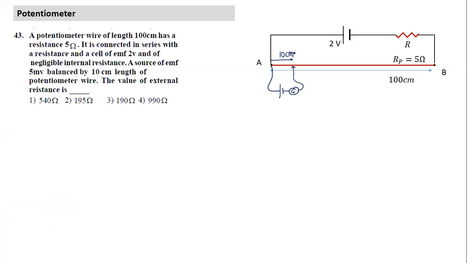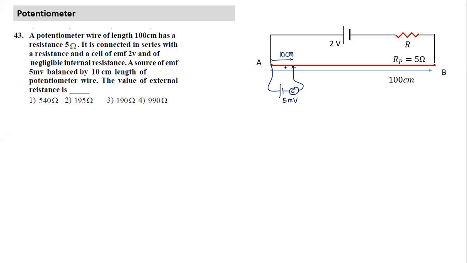So what we need to do is find the value of resistance. How do we go about finding this resistance? This is given, and this is given as 5 millivolts. So the information given is that in 10 centimeter, the potential changes by 5 millivolts. Potential drop is 5 millivolts in 10 centimeter.